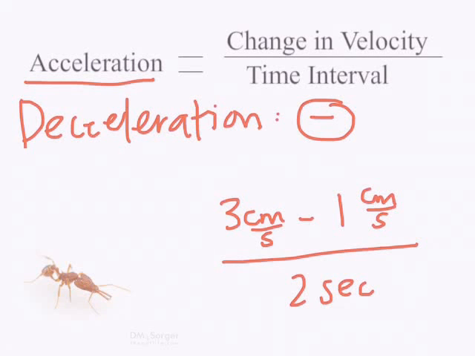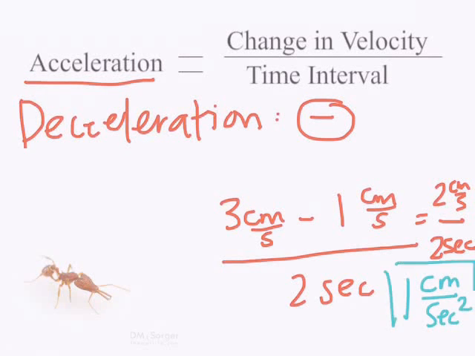So we could do this math up here. So this would be 2 centimeters per second over 2 seconds, and we would get an answer of an acceleration of 1 centimeter per second squared. So change in velocity over time.